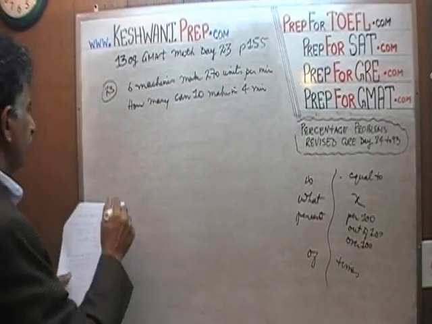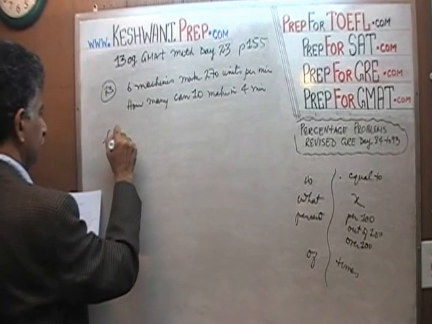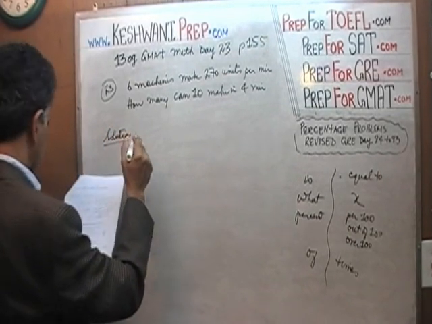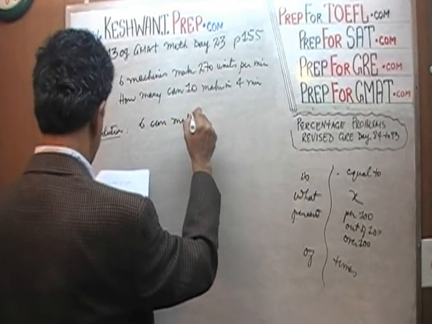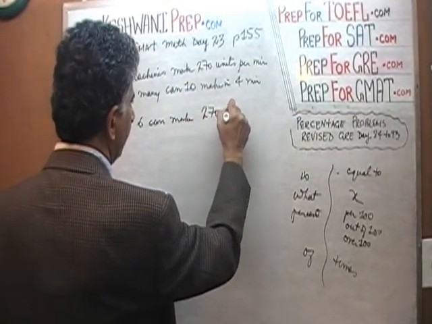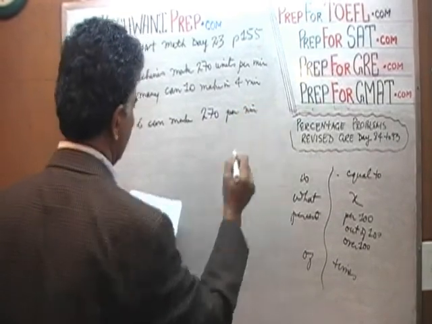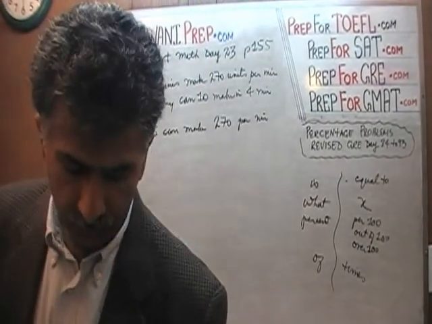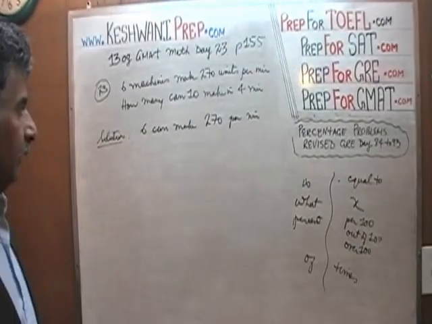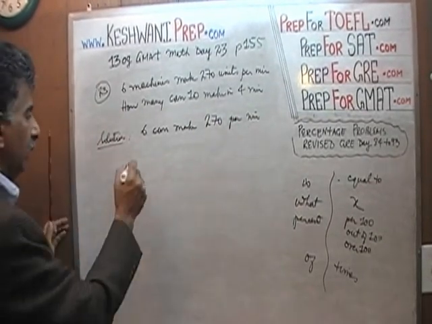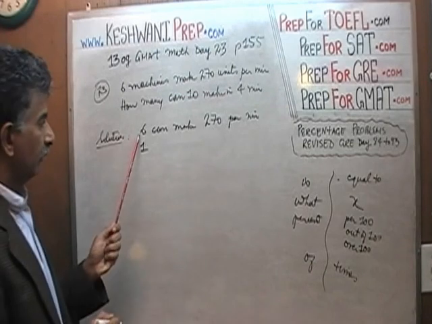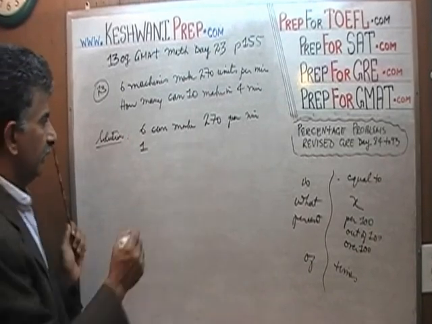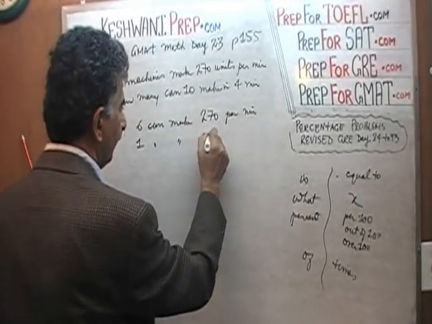So we know that 6 can make 270 per minute. If 6 of them can make 270 in 1 minute, how many can 1 make? 1 must make a sixth of that amount, because there are 6 of them.